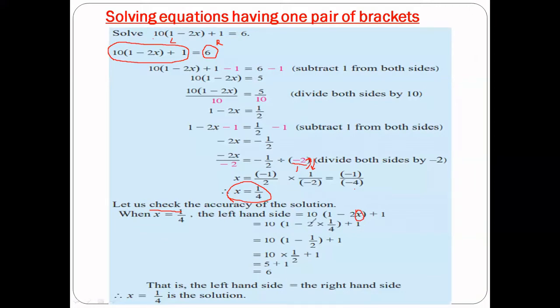After that, this is the numerator, this is the denominator, so you can simplify. 4 means 2 into 2. Then 10 brackets 1 minus 1 over 2, close brackets, plus 1.